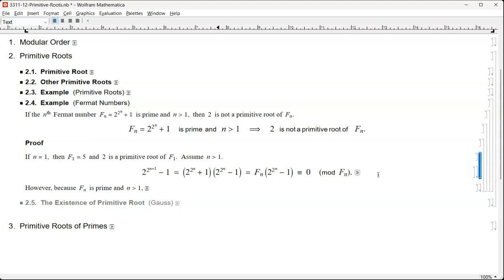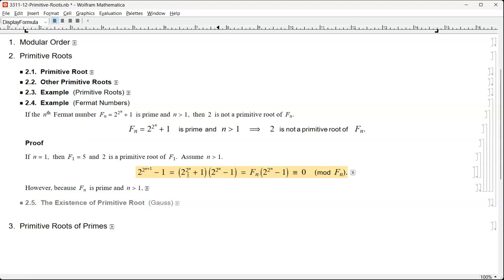In that case, let's use this factorization, 2 to the 2 to the n plus 1 power minus 1. This is basically something squared minus 1. So we can decompose it as square plus 1 times square minus 1. You see, this can be considered as 1 squared.